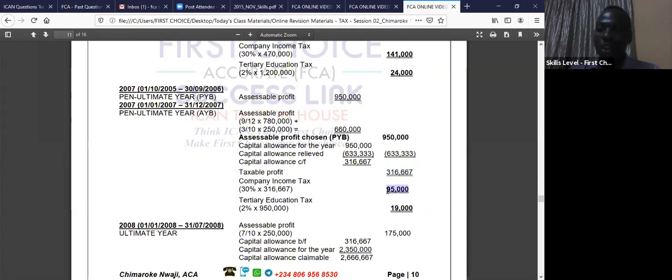So if you are grossing this one up, sometimes they might just give you your tax. Your tax, if you gross it up by saying 100 over 30, it will give you your taxable profits. So these are the two ways. Either you put 95,000 times 100 over 30, or you take this one straight. So that's what we did here.